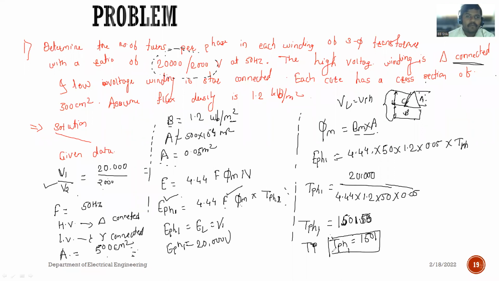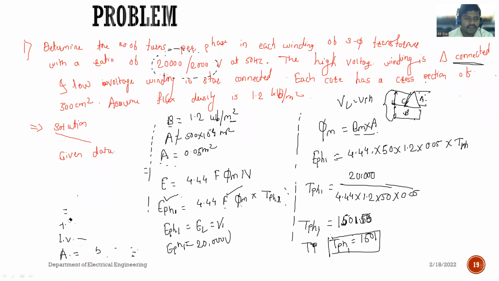Unitless quantity. Okay, so this is the number of tons per phase on the primary side.